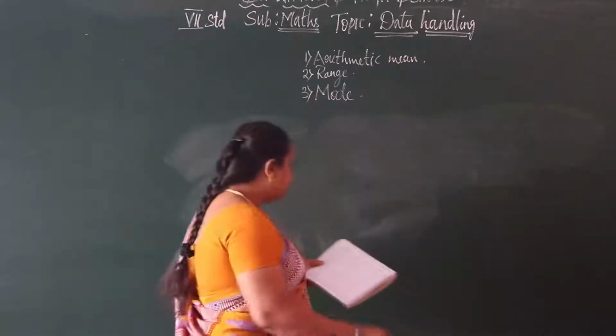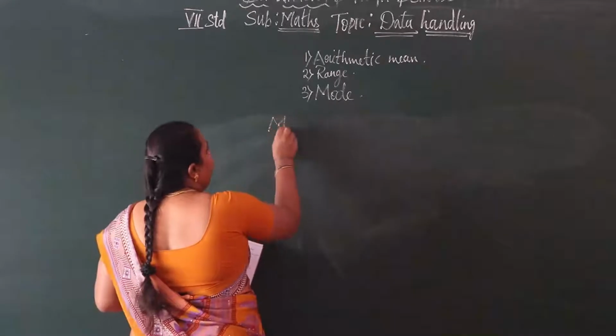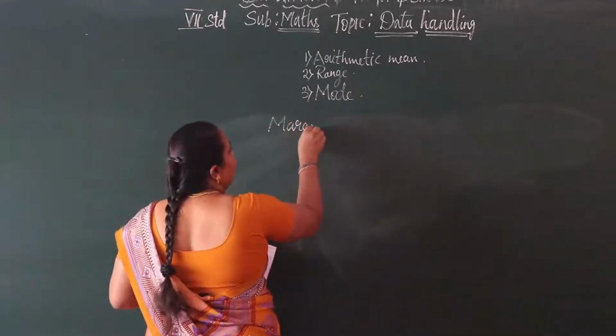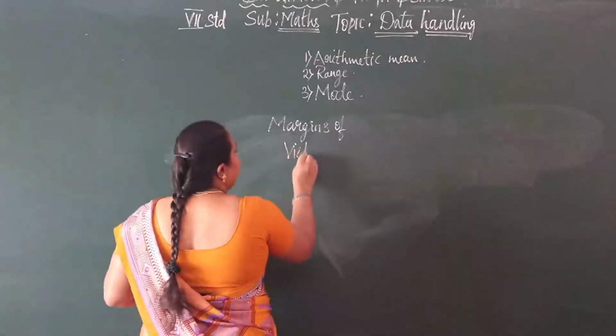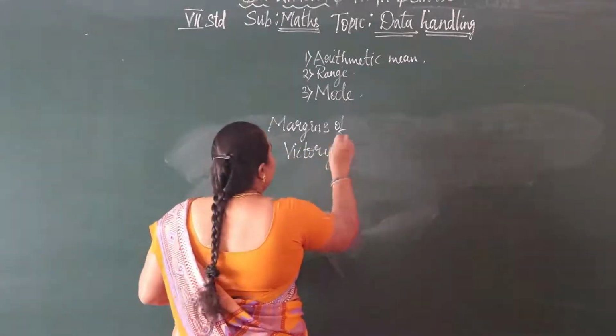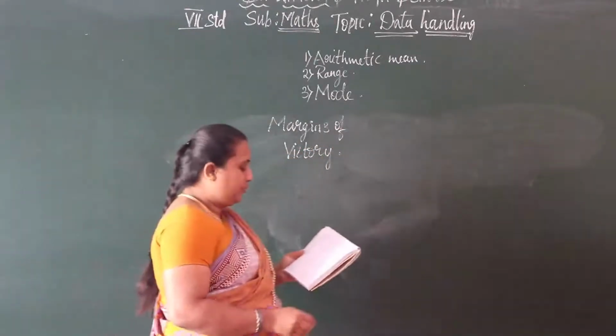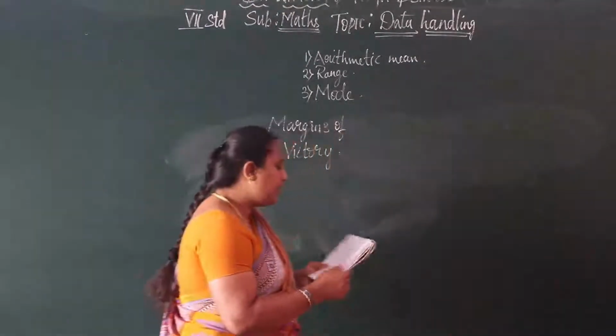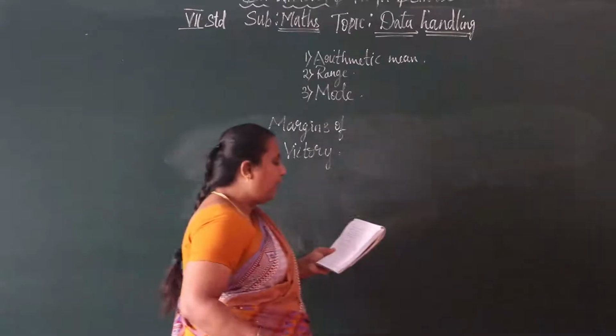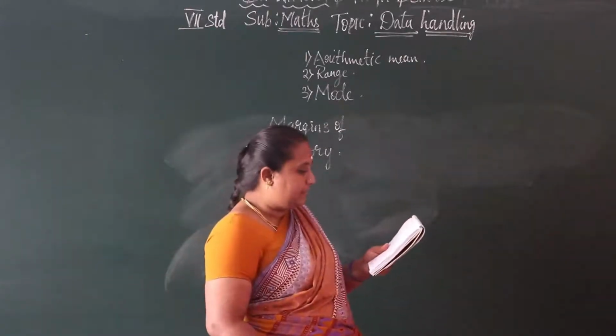Here, margins of victory. What are the numbers given to you? 1, 2, 3, 4, 5 and 6.